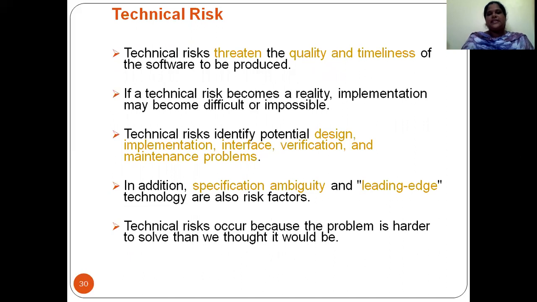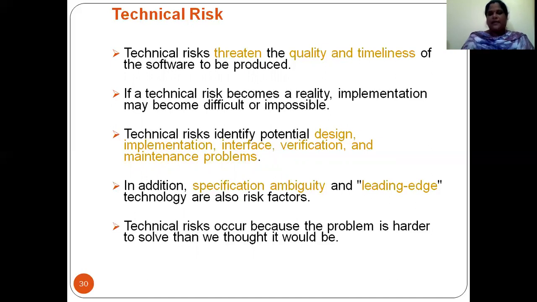Now, next we will discuss about the technical risk. Technical risk is that it will threaten the quality and timelines of the software you are producing. If technical risk becomes reality, implementation may become difficult. As you know, if quality and timelines are not good, then the implementation of the project will be at risk.